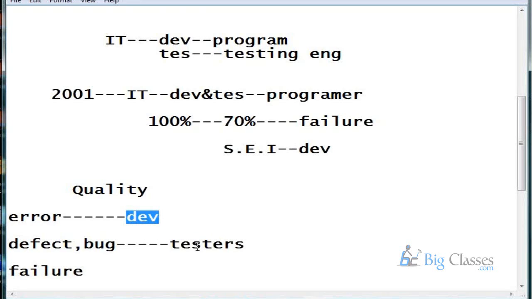Next, defect or bug: if the expected value is not equal to the actual value, or there are deviations in requirements, it is called defect or bug. After that, failure. Development is completed, testing is completed, then it is released to the customer. During utilization, if the customer faces any problem, the problem is called failure.